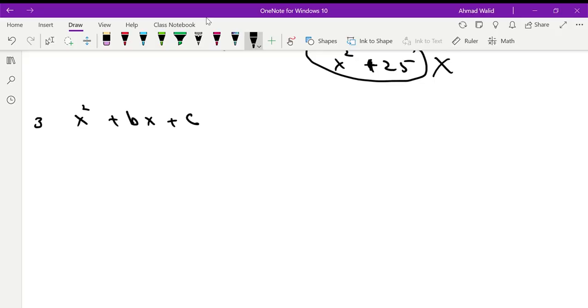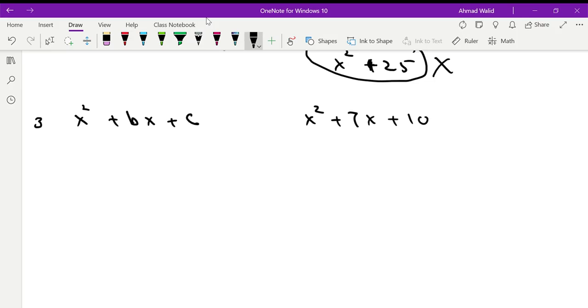For example, x squared plus 7x plus 10. This is the most common one that we use a lot when we are dealing with quadratic equations. What to do here, how to factor these types of polynomials when you have three terms?